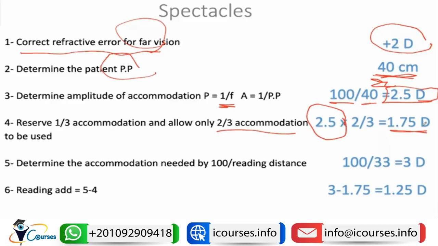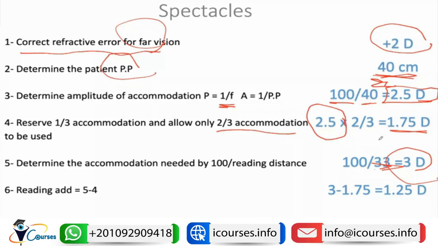So let's know what the patient needs. The patient reads at 33 centimeters, which is the comfortable distance for this patient. In order to read at ease at 33 centimeters, we need 3 diopters of accommodation. This is calculated by dividing 100 over 33.